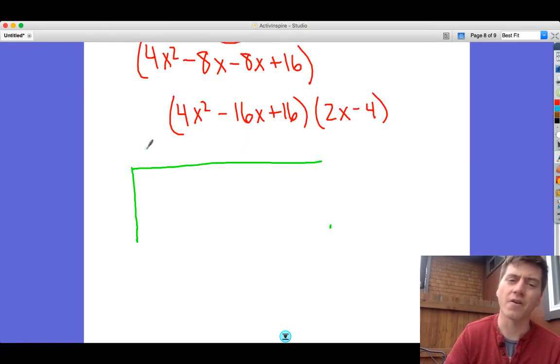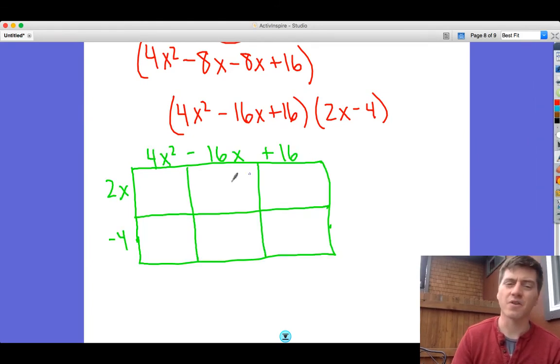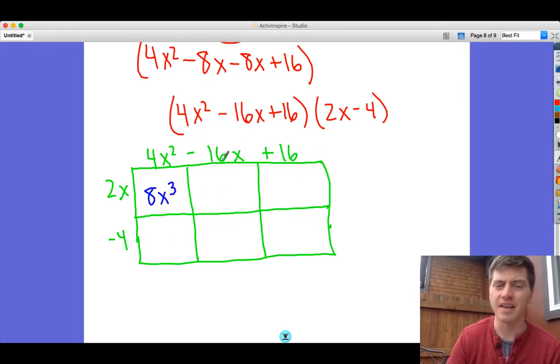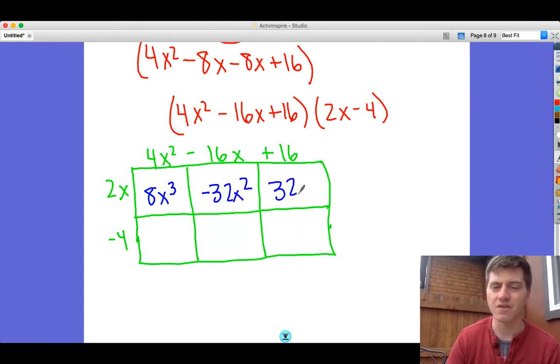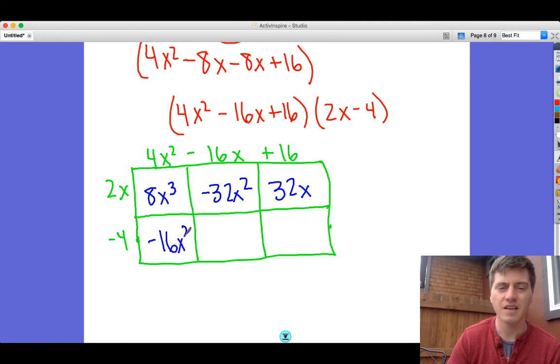Let's do this one with the area model. So we put these guys right on top, these guys on the side, and we're just going to multiply them through. 2x times 4x squared is 8x cubed. 2x times negative 16x is negative 32x squared. 2x times 16 is 32x. 4x squared times negative 4 is negative 16x squared.